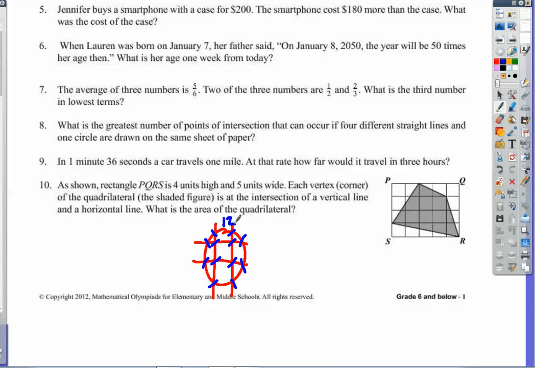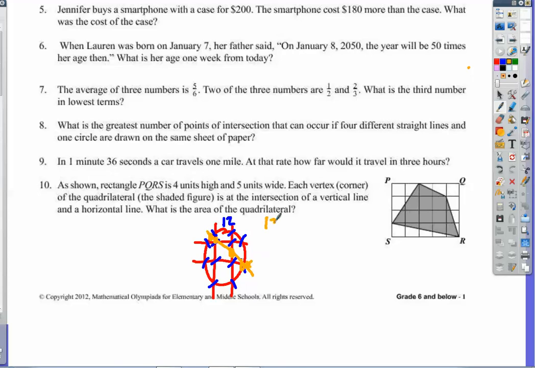So is there a way to make it better? Well, I noticed that this line here could also, if I tilt it, I'll do an orange line. If I tilt it, I can get an extra one. So it goes 1, 2, 3, 4, and then 5. So I know that I can get one more by doing that.